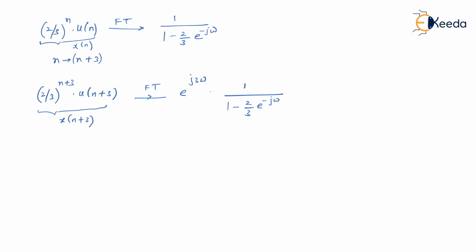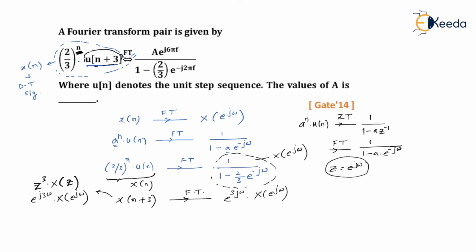Next, now if you see the question, it is not in terms of e to the power j omega, it is in terms of f. So if you have omega and want it in terms of f, simply replace omega with 2 pi f, because omega is 2 pi times f, where omega is angular frequency in radians per second and f is frequency in hertz.